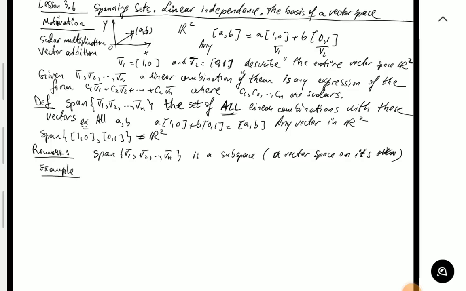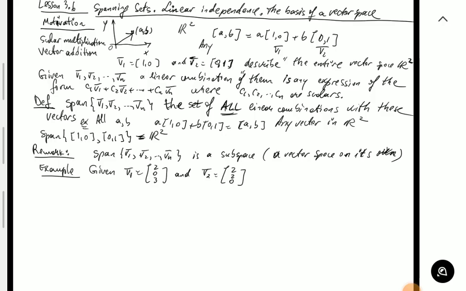Let's say the question is, suppose I give you two vectors. So given two vectors in R3, let's use column vectors this time. V1 equals (2, 0, 3), and V2 equals (2, 2, 0).